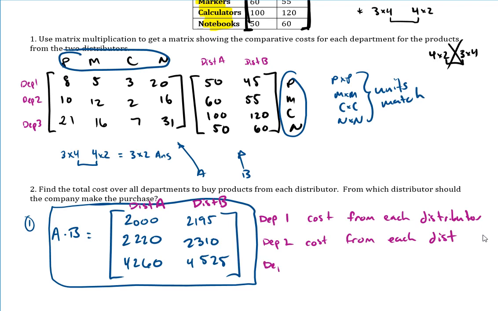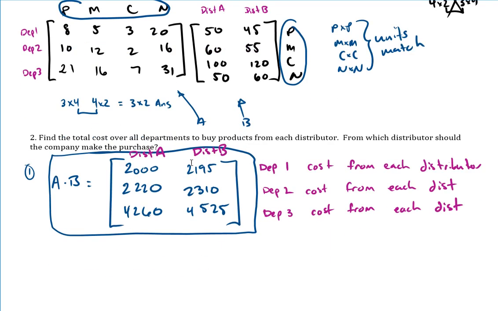And then this last row is the Department 3 cost from each distributor. Okay, so what they want us to do to figure out this answer is they said find the total cost over all departments.